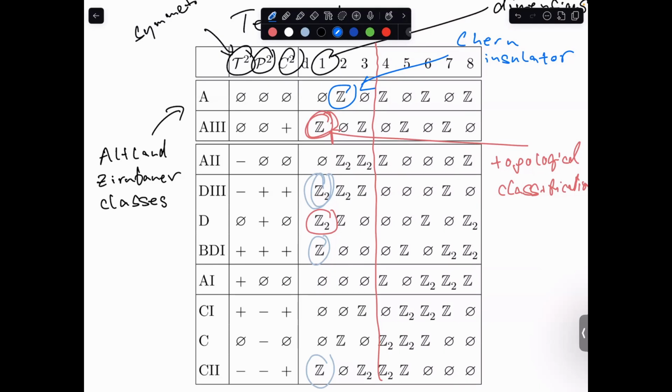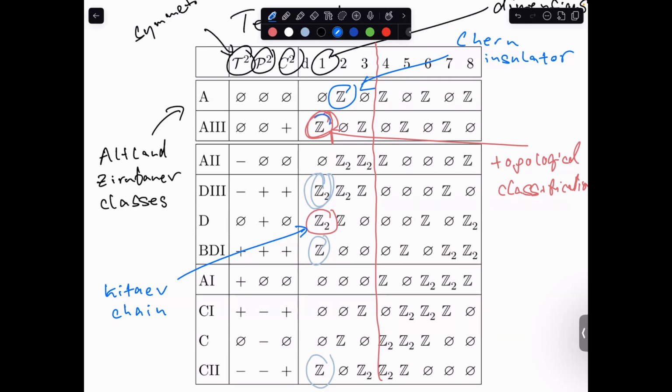Just for context, to give the other phases a name, the one in class D is also known as the Kitaev chain. So the Z2 classification we had derived is exactly the Kitaev chain. If that's non-trivial, then you have a topological superconductor with Majorana end states, and all the things that Microsoft is going crazy about these days.